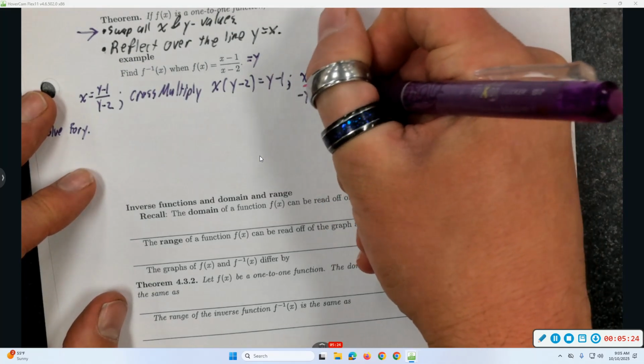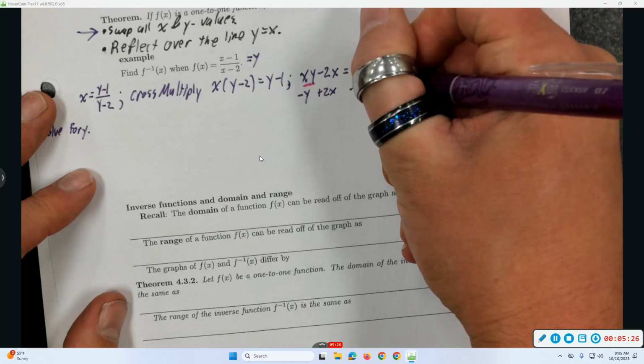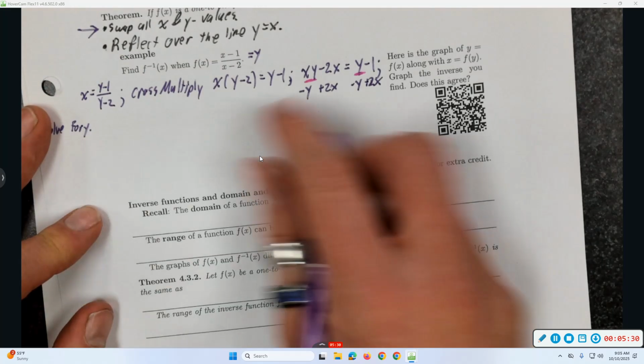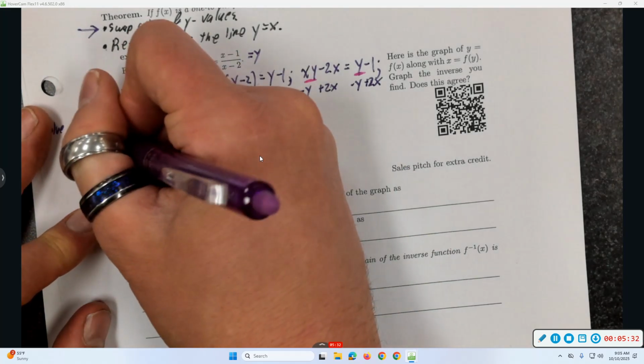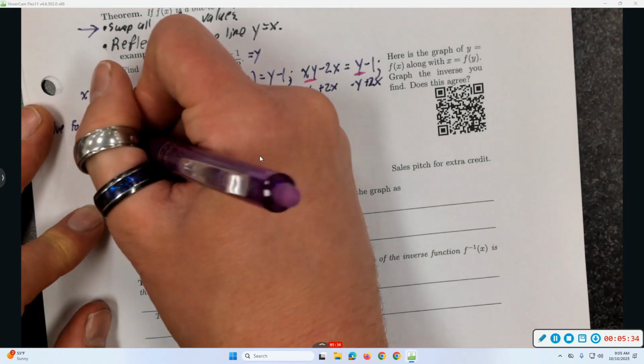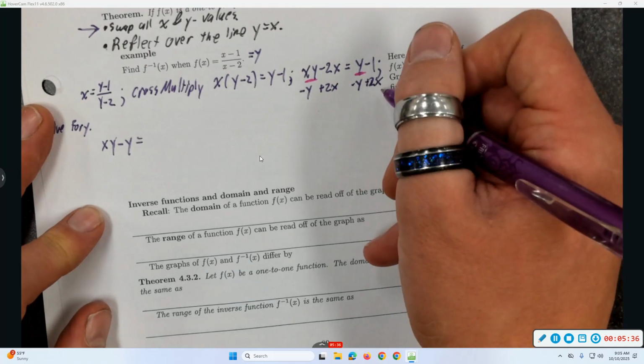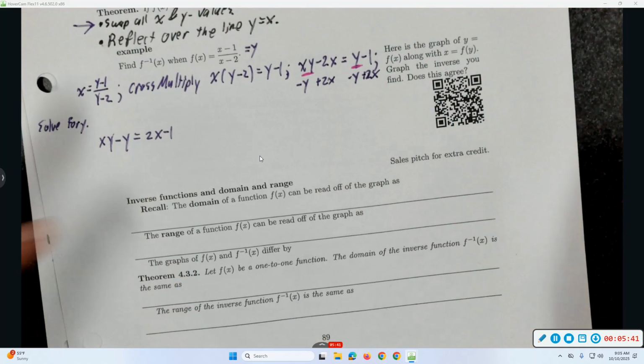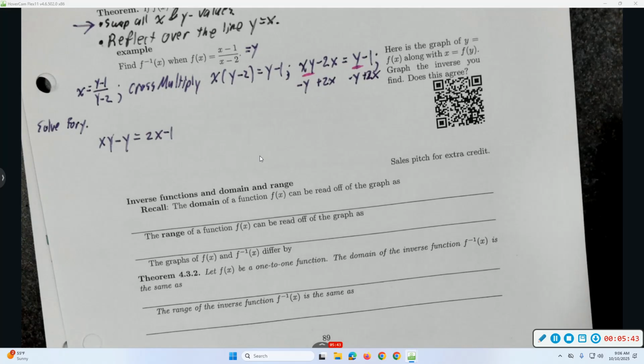Let's add 2x to the other side to get it off of the side where it is now. And let's see what we're left with. We now have xy minus y equals 2x minus 1. All right, cool. What next?